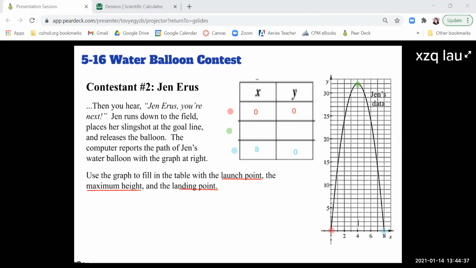And halfway between them is our maximum height in the green spot, which is at 4, and then up to looks like 32. So this middle point will be 4, 32. And that's it.